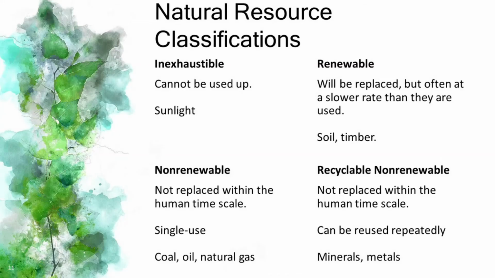Now let's talk about the natural resource classifications. So what are the classifications of our natural resources? We have four types: inexhaustible, renewable, non-renewable, and recyclable. Inexhaustible are resources that cannot be used up.